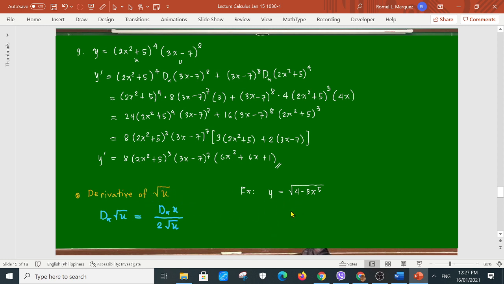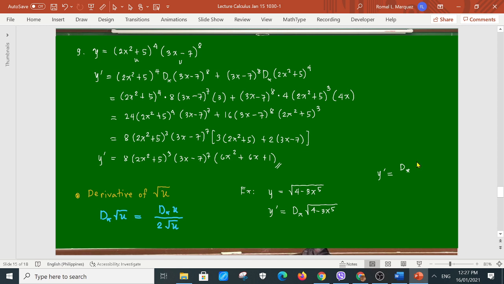If it is a cube root, it is not allowed; you have to write in power form. So y prime equals the derivative of the radicand over 2 square root of the radicand.